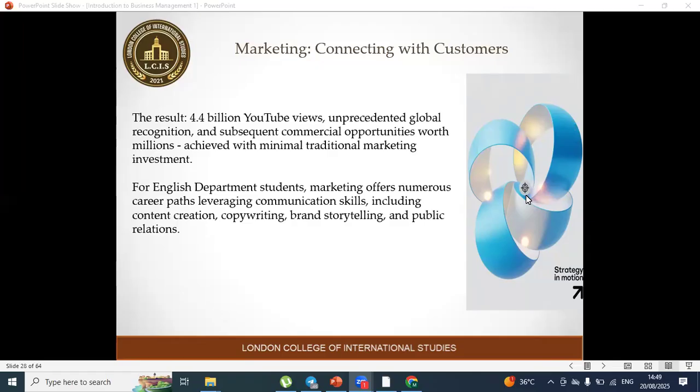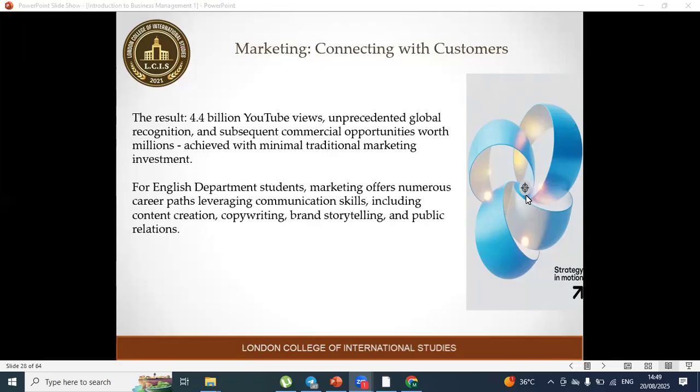For English department students, marketing offers numerous career paths, leveraging communication skills. It's not only because you speak English, you will work as a translator or interpreter or English teacher. You can work in communication skills, including content creation. You can just write something in English, content creator, copywriter.